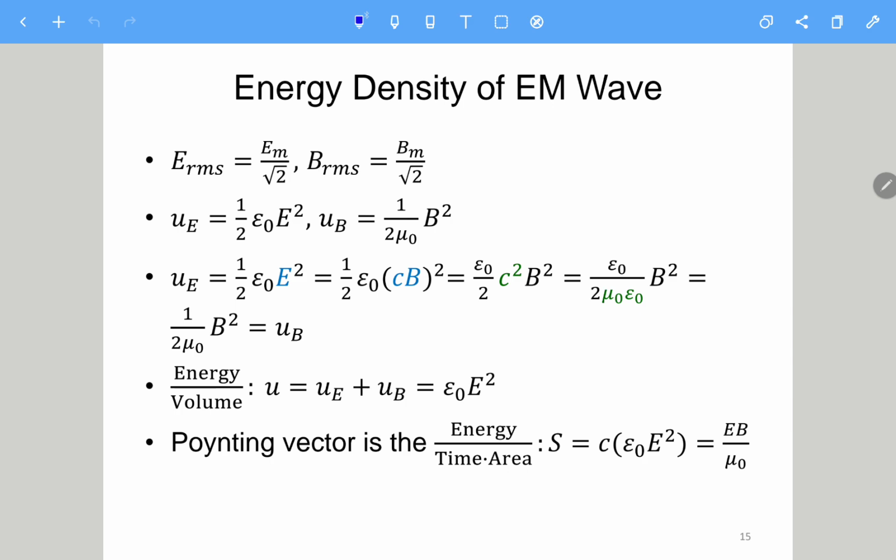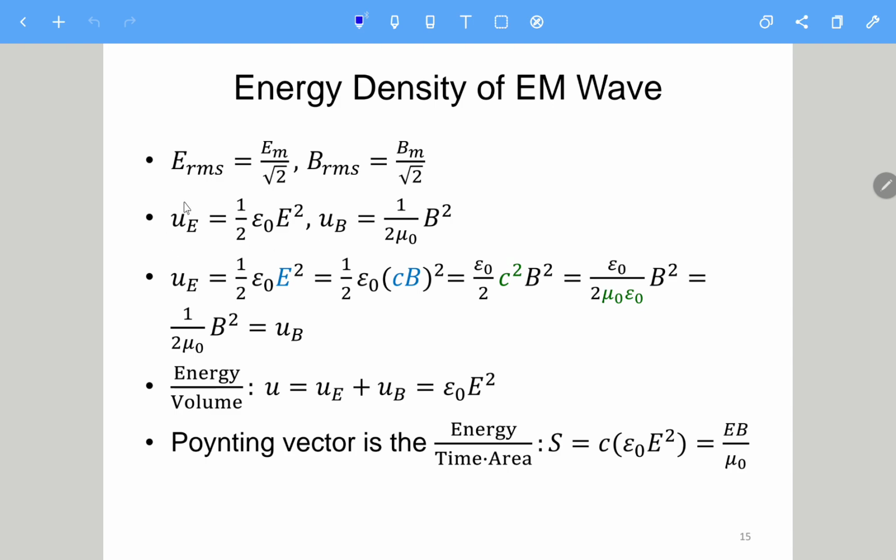So even if there are multiple frequencies within the space, you can consider different frequencies one by one, then add them together. Okay, so here, suppose for every single frequency we have an amplitude. So the root mean square value will be the amplitude divided by square root of 2 for both the E field and B field.